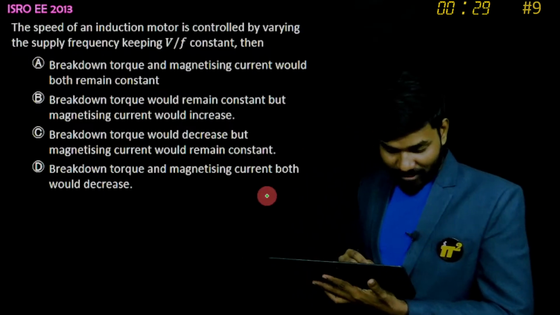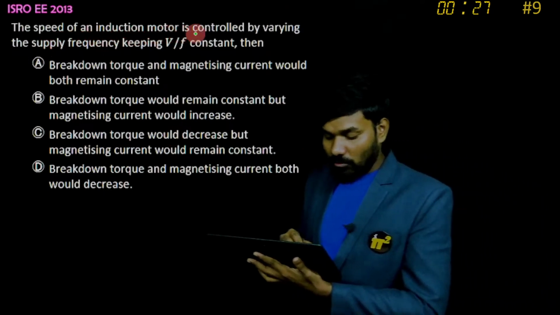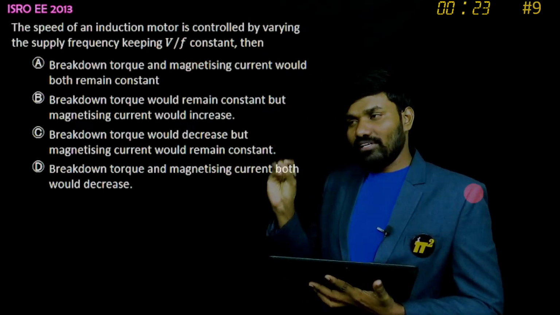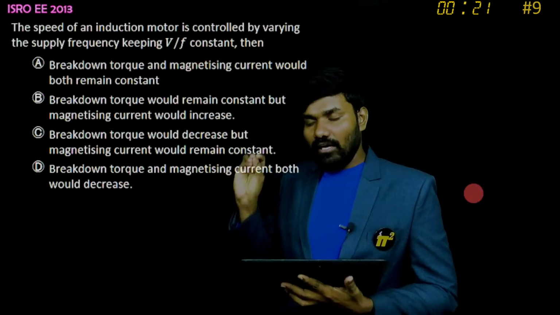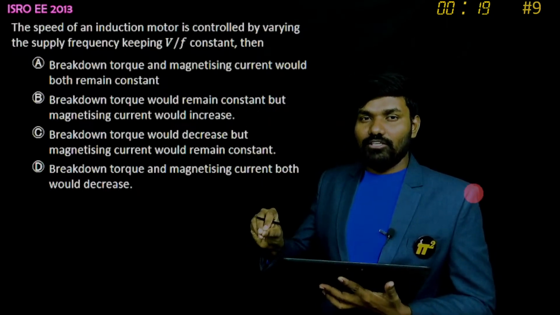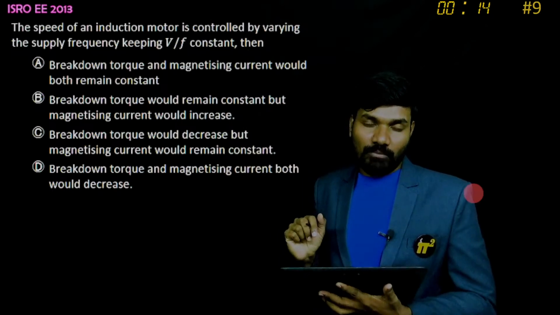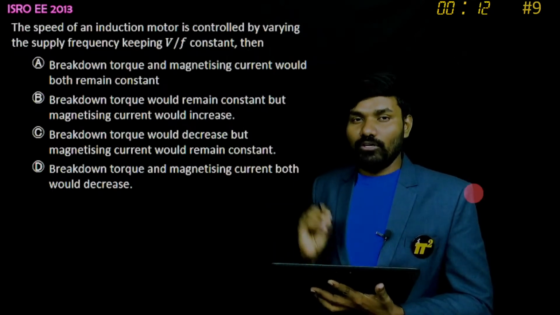I think maybe the speed of an induction motor is, see, whenever you see this, when voltage is changing, frequency is changing, for that specific case, you should be able to draw quickly the torque slip characteristics. That will help you a lot.